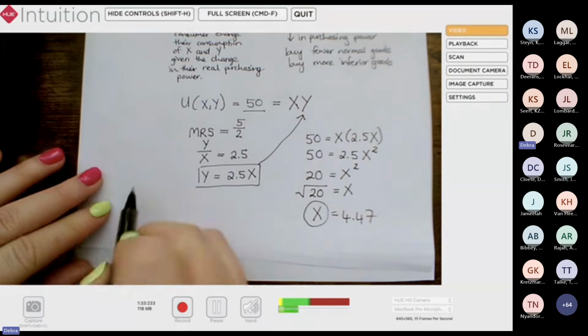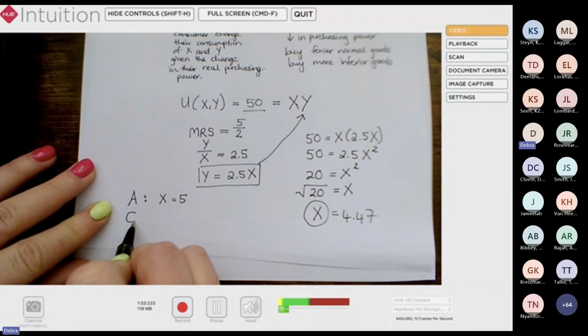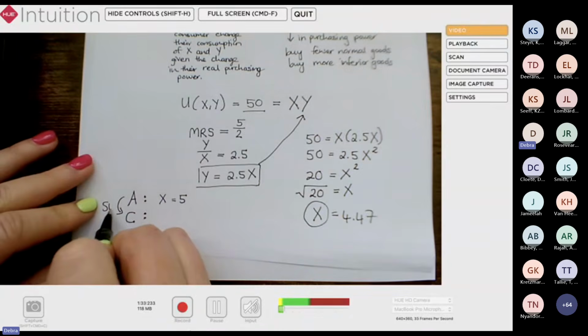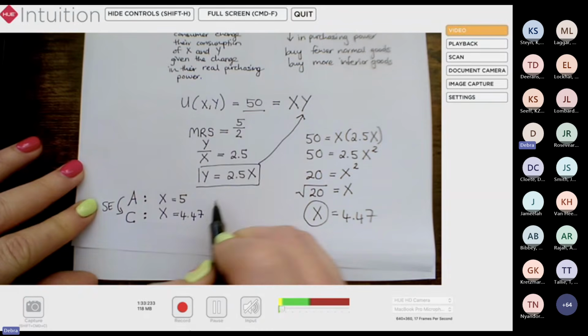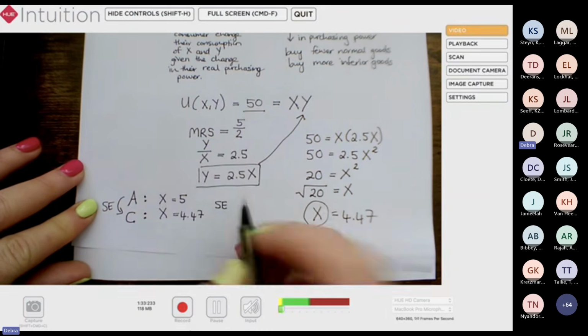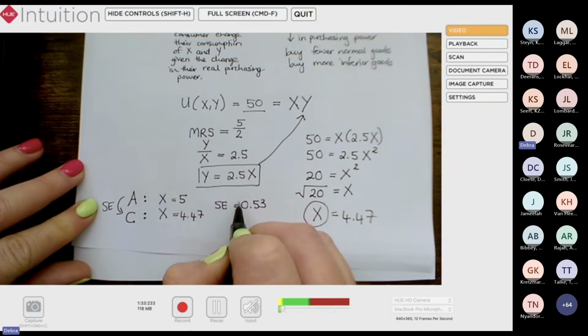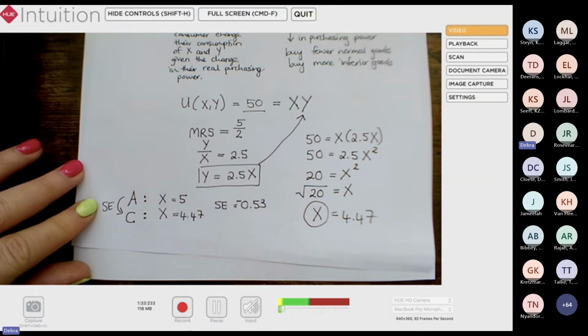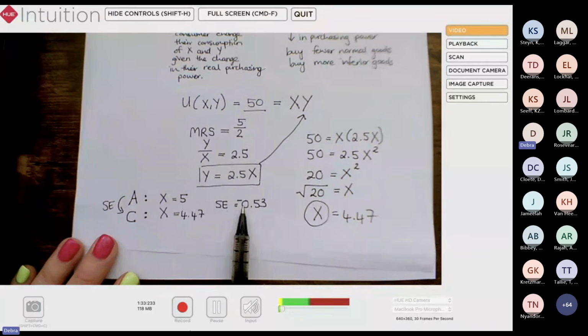A was my original best affordable point. My X value was 5. C is where I moved to with the substitution effect, and my X value is 4.47, which means that my substitution effect on X is equal to 0.53. Actually, to be most correct, minus 0.53. So the substitution effect means I reduce my consumption of X by 0.53 units. I get that 0.53 by taking the 4.47 away from the 5.